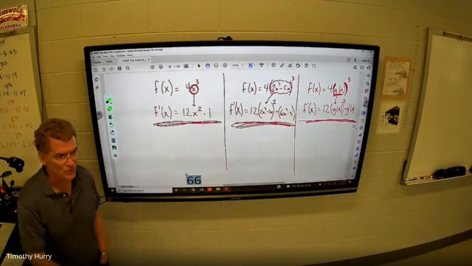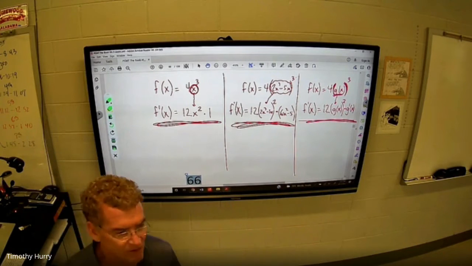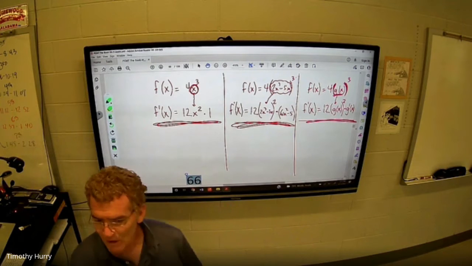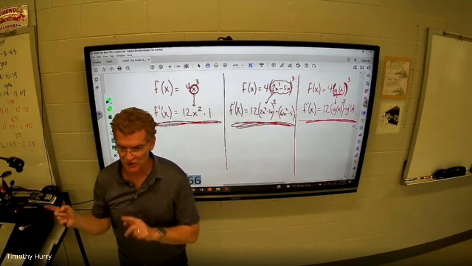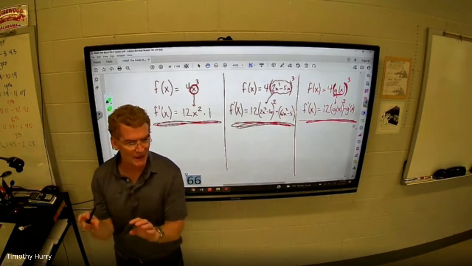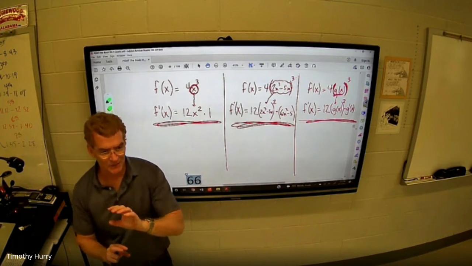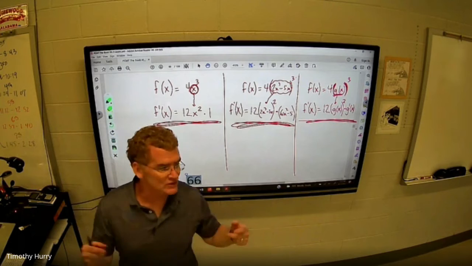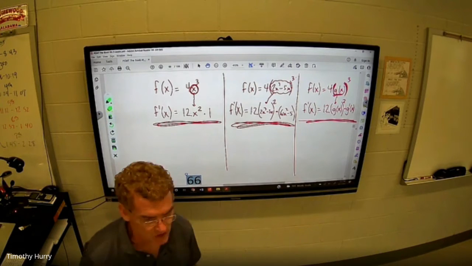The chain rule is essentially how you take derivatives of composite functions. We've already got a plan for when functions are added together. You take the derivative of each one and keep adding them. We have a rule for when they're multiplied by each other: first times derivative of second plus second times derivative of first. We have a rule for when you're dividing them: low d high minus high d low. What we don't have a rule for up until this point is what happens when a function is inside of a function.